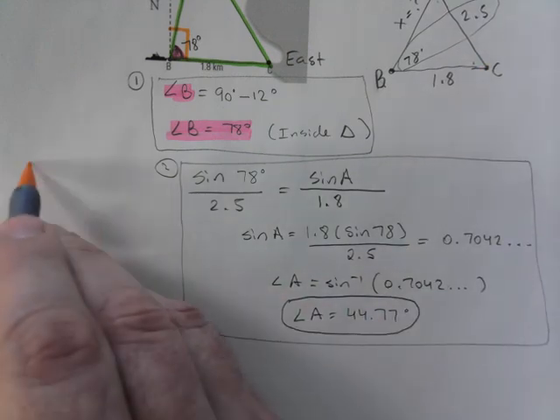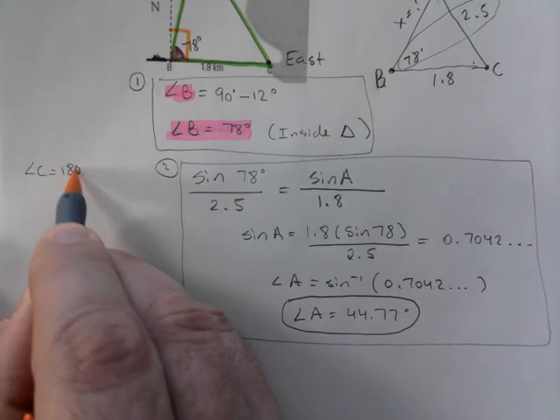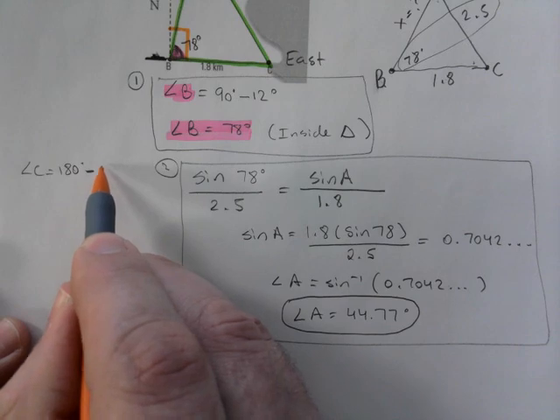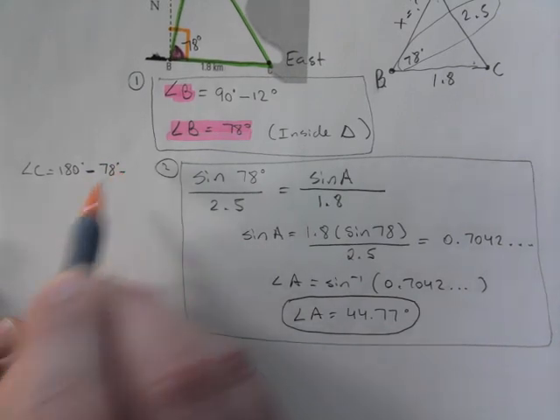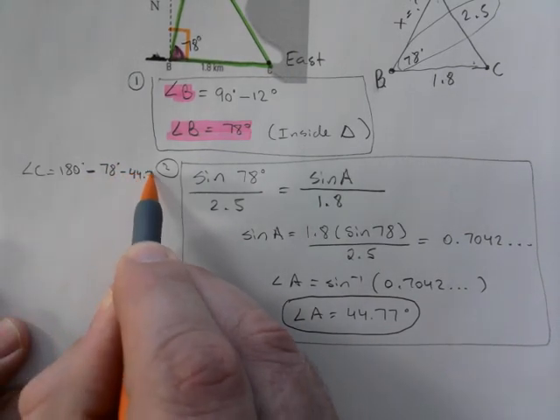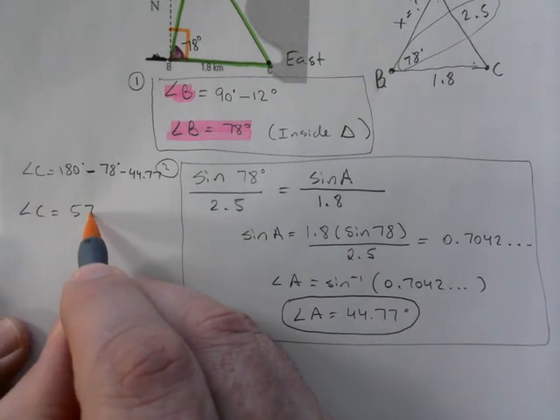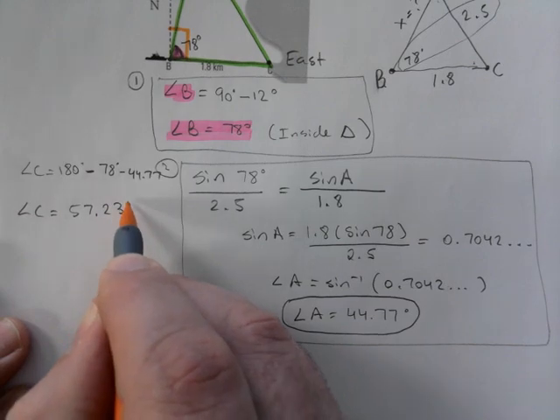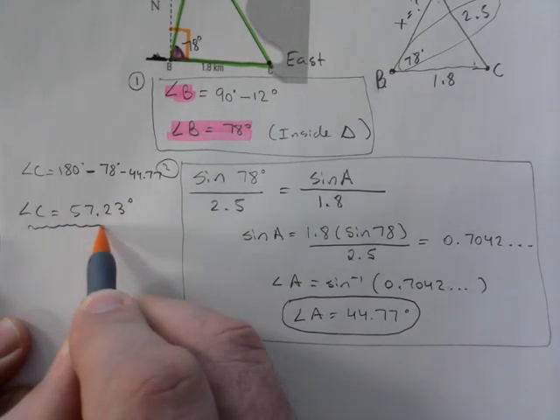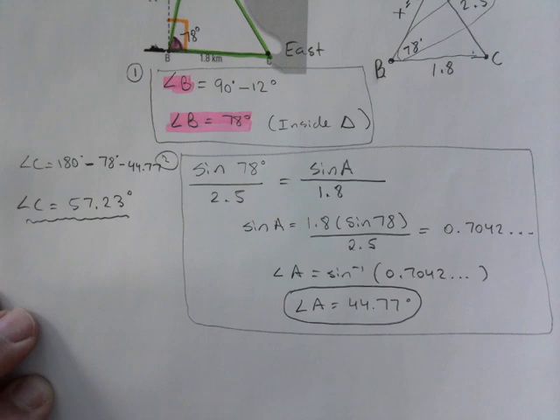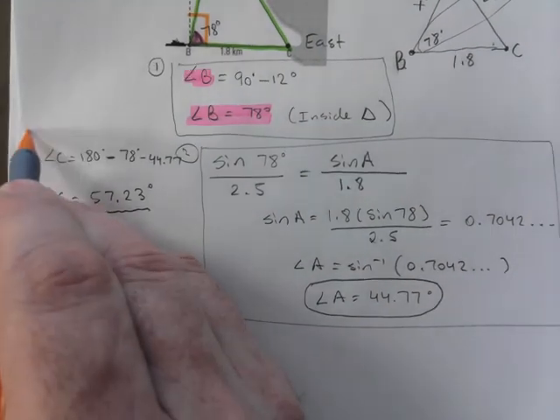Yes, I can find angle C. I'm just going to go 180 minus the 78 minus 44.77. And that's 57.23. Underline that because it's important. That's step number 3, basically.